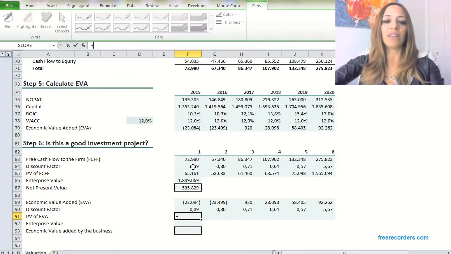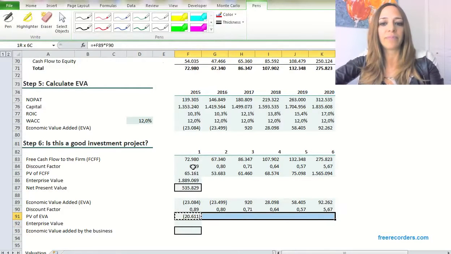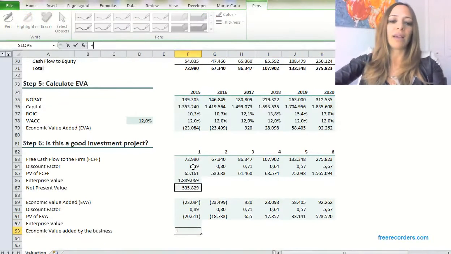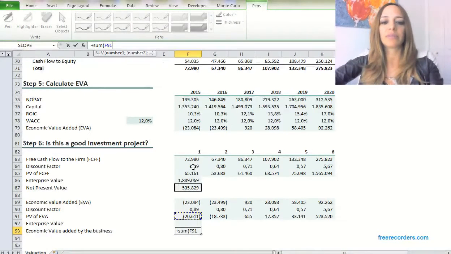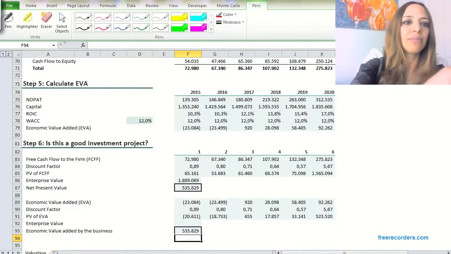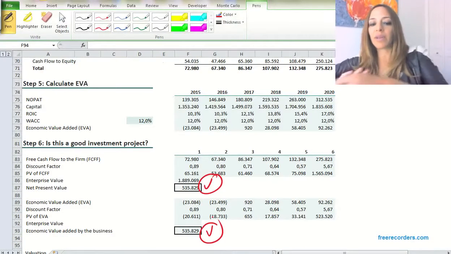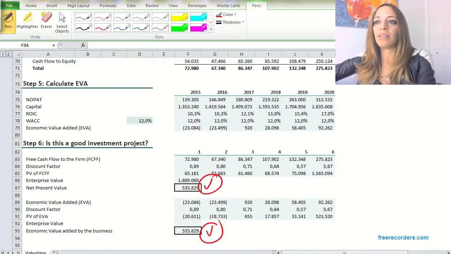And now present value of EVA will be the EVA of each year times the discount factor. If we add all these numbers, now in present value, of course the result is the same as net present value. If the EVA is positive, the interpretation is the same as net present value.